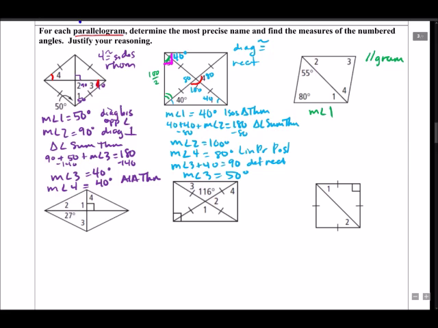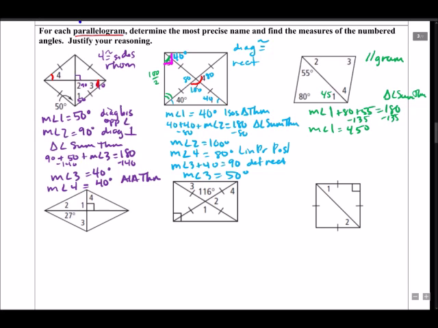Measure of angle 1 plus 80 plus 55 is 180. That's our triangle angle sum theorem. And so subtract 135 from both sides. And the measure of angle 1 is 45 degrees.